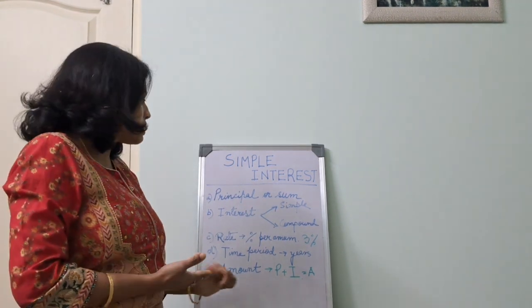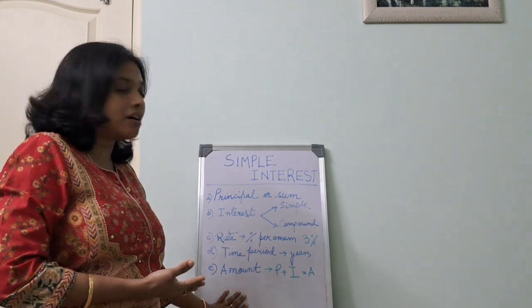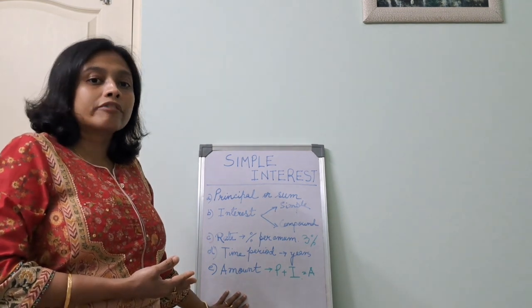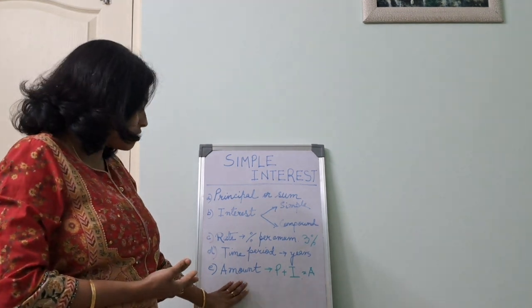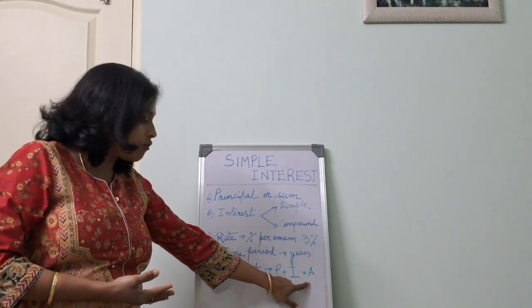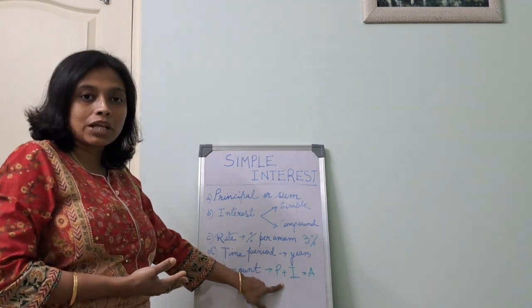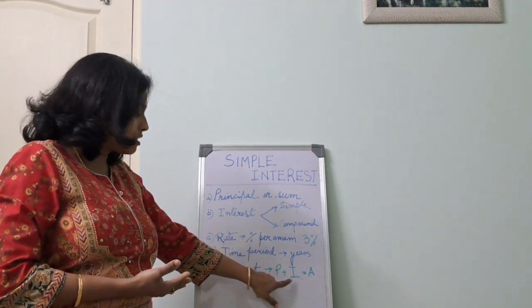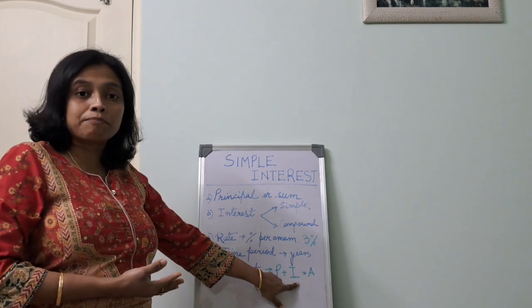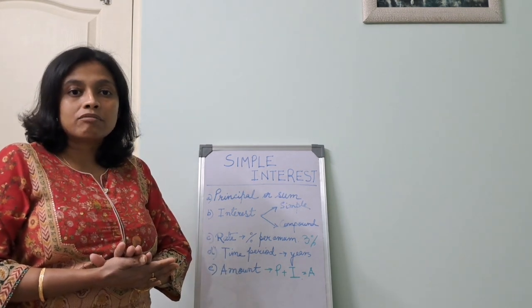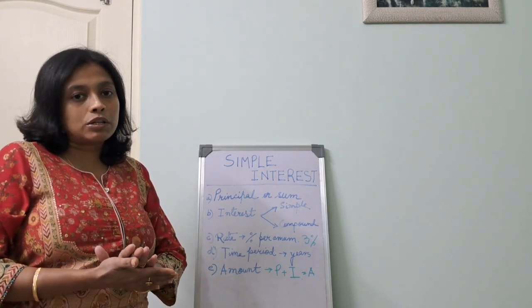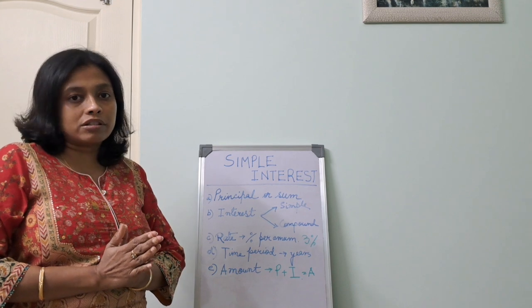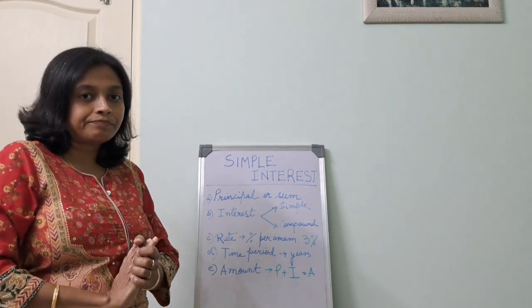Okay, so these are the different terms related to simple interest. Now with this we have covered one formula, that is, amount is equal to principal plus interest, right? So amount is equal to principal plus interest. That is the first formula.